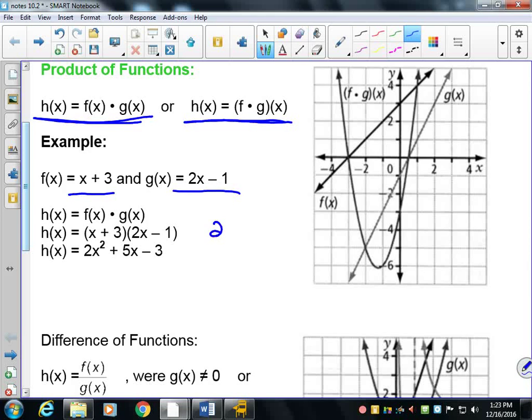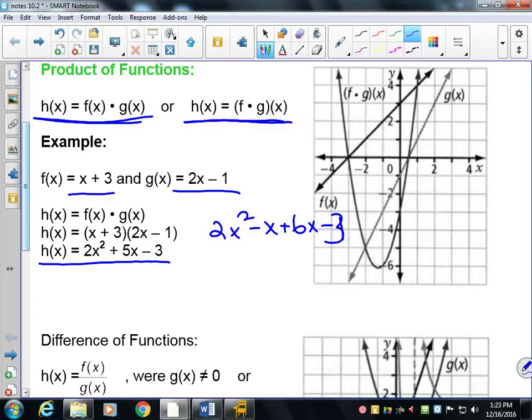X times 2x is 2x squared. X times negative 1 is negative x, plus 6x, minus 1. And then we combine, right? 2x squared plus 5x. Oh, I can't even multiply. 3 times negative 1 is negative 3. Okay? To get a new function.